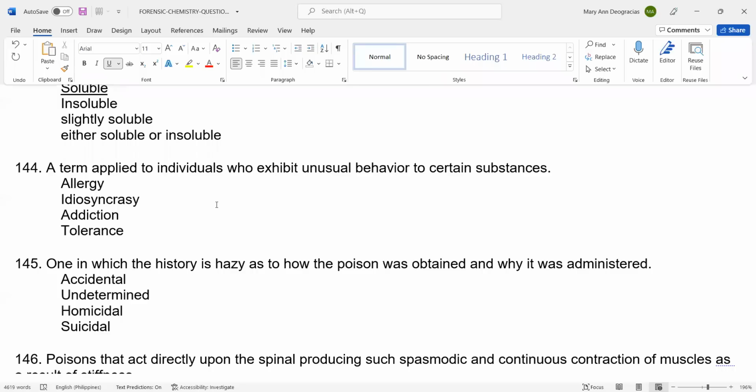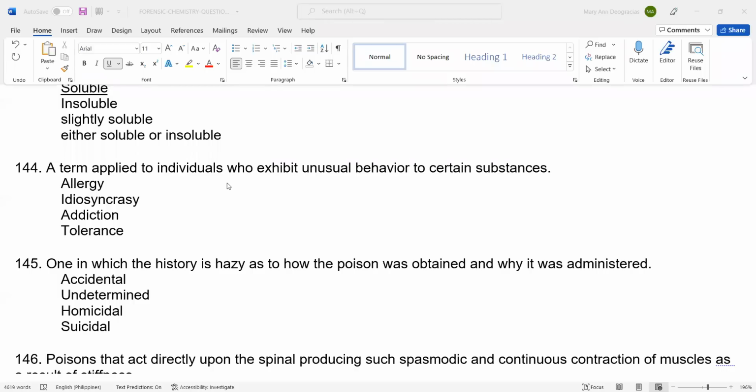Okay, what is the answer for 144? Tingnan natin ang sagot nyo. Okay, magkaiba ang mga sagot nyo. The answer is letter B, idiosyncrasy.